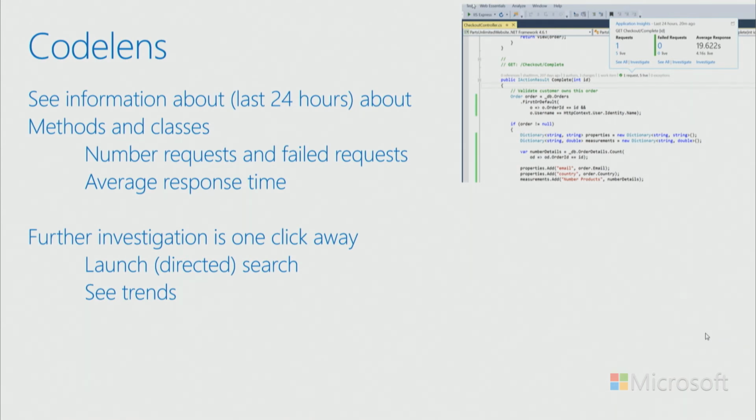So you can see the exceptions, etc., all without leaving Visual Studio and without even going to the portal. So you can have a view of the quality of your code in terms of how the execution went in the last 24 hours, and you can analyze if something needs to be improved in order to reduce either the average response time or the failed requests and something like that.